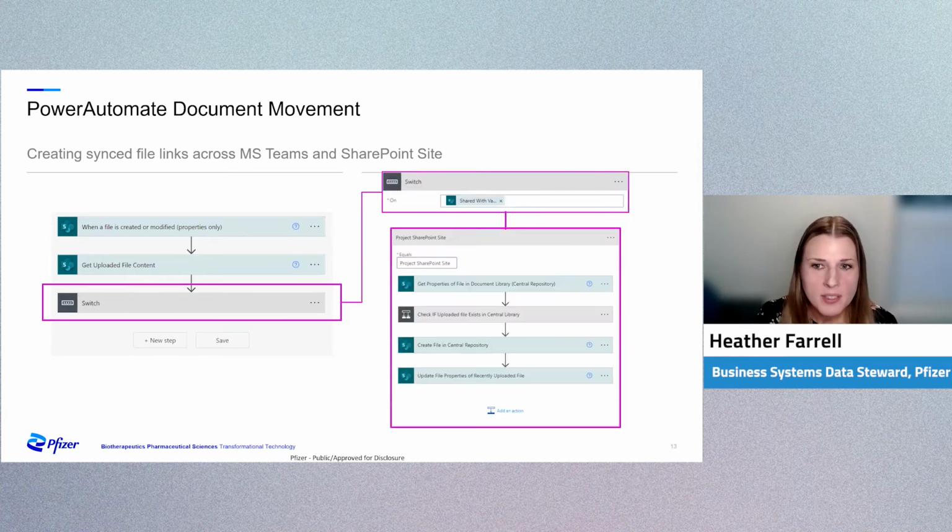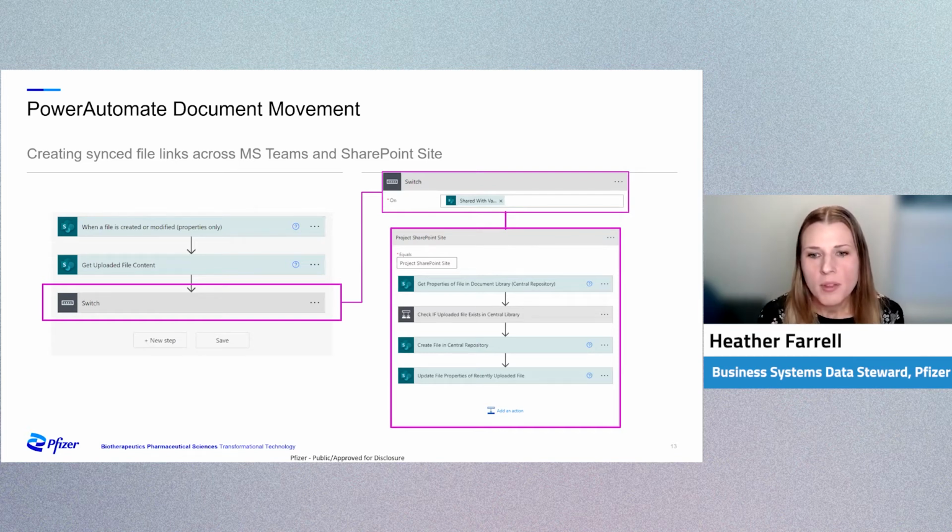And then the next step is this switch. And this is where you really have the ability to push this file anywhere you desire, pretty much anywhere that there's a connector. So I'm only going to go over again one of the options that we had built in. But this switch is based upon this shared with value or this shared with metadata column that I've been mentioning.